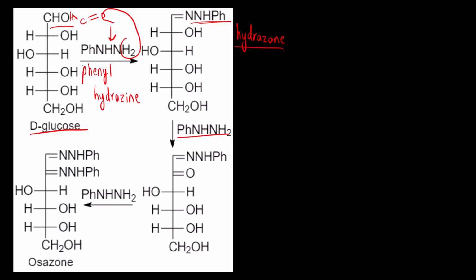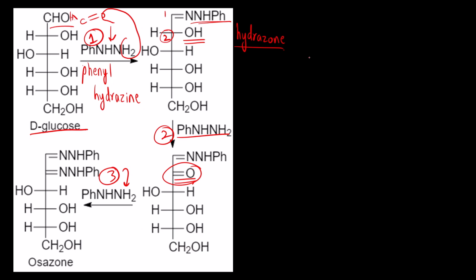Second step is another equivalent of phenylhydrazine. This was the first equivalent, this is the second equivalent, which will react, and the alcohol at the second position. This is carbon 1. This is carbon 2. At the second position, the alcohol gets oxidized to ketone, and then this ketone will react with the third equivalent of phenylhydrazine to give the Osazone.